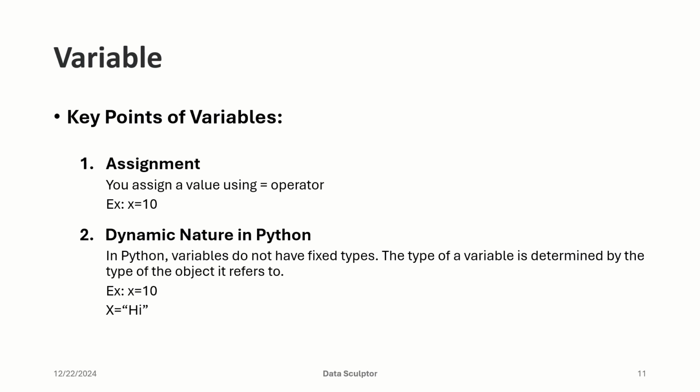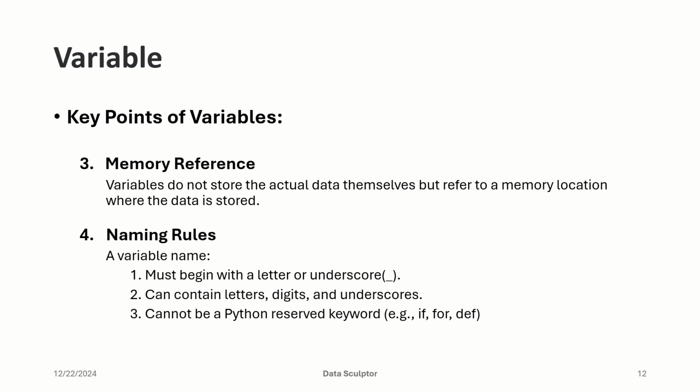But later in the program, you can assign a string value, say "hi", to the variable x. Both are valid. If you do the same in Java or another language, it throws an error, but in Python this is fine. Memory reference: as mentioned, variables do not store the actual data themselves, but refer to a memory location where the data is stored.